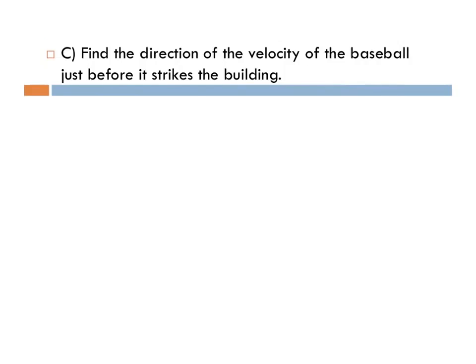And then the very last piece is to find the direction of the velocity of the baseball just before it strikes the building. So we now know that our velocity in the x direction is 7.95. Our velocity in the y direction was negative 8.4. And our resultant, which is the velocity that it actually strikes at, is 11.6 meters per second.